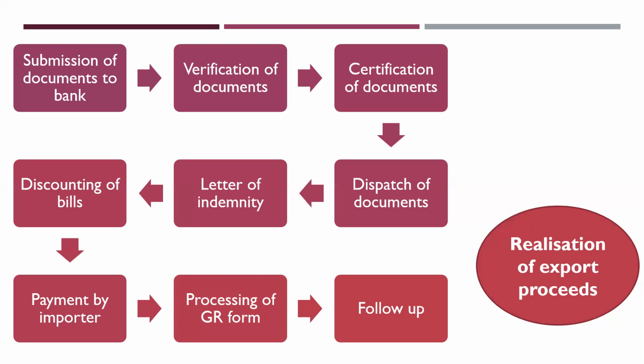So the exporter will submit all his documents to the bank within 21 days of the shipping. Which documents? Bill of lading. Bill of lading is again very much mandatory, very much important to receive the delivery of the goods. Further, shipping bill, commercial invoice, consular invoice, all these documents are to be submitted to the bank.